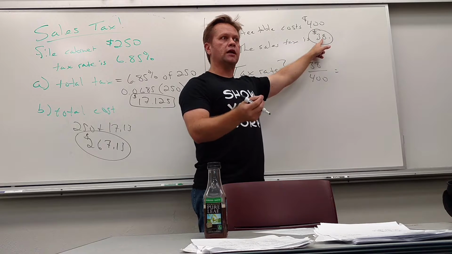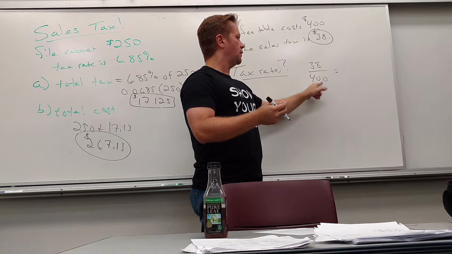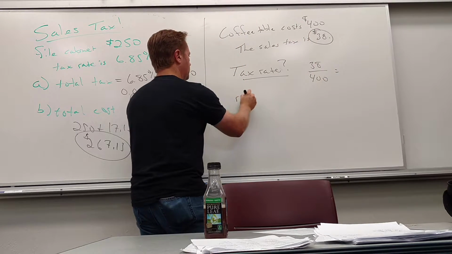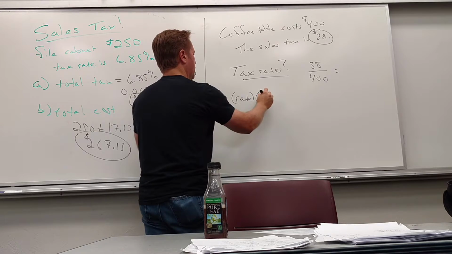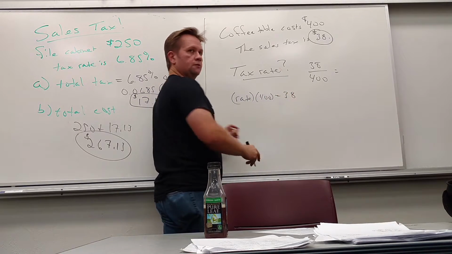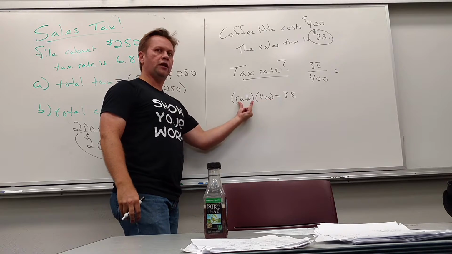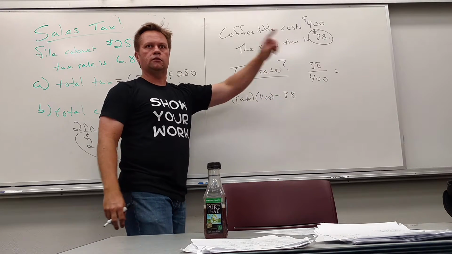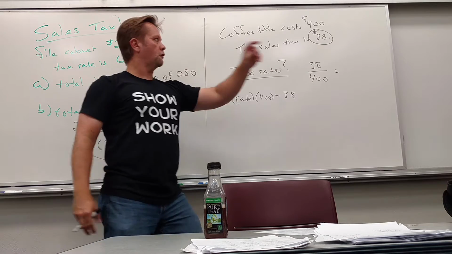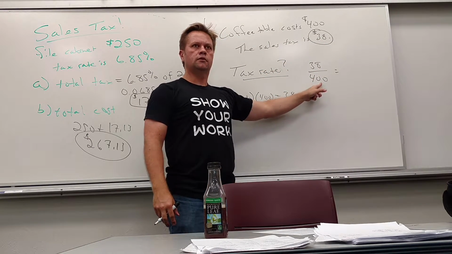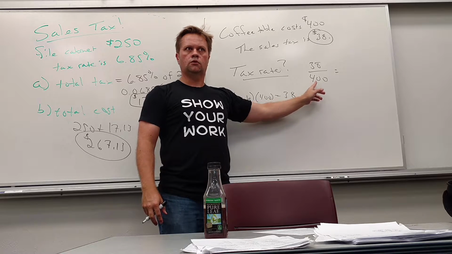So if I don't know the tax rate, I'm going to divide that by 400 to get what the rate was. So if I know the rate, I would multiply it by 400 to get 38. But I don't know it. So how do I solve for the rate? I divide by the change. Same as before. How much would it change by? Divided by the original.